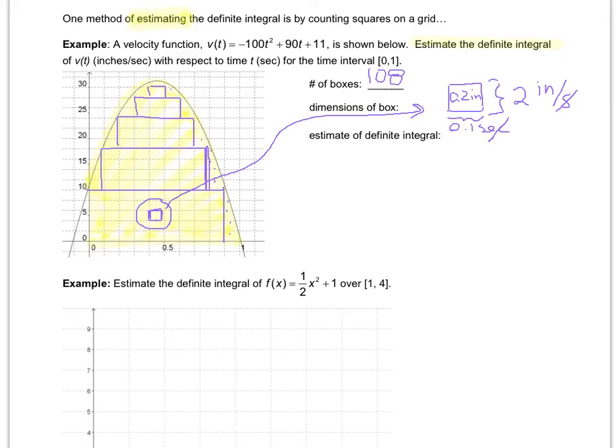So if you want to estimate the value of the definite integral, the area under the curve from t equals 0 until t equals 1, just take your number of boxes times the dimensions.